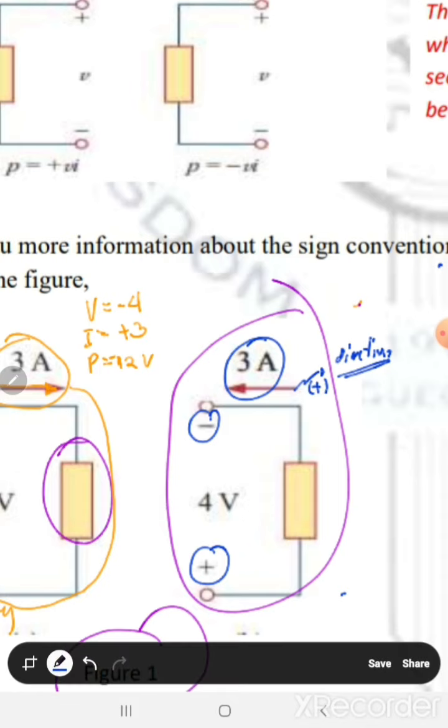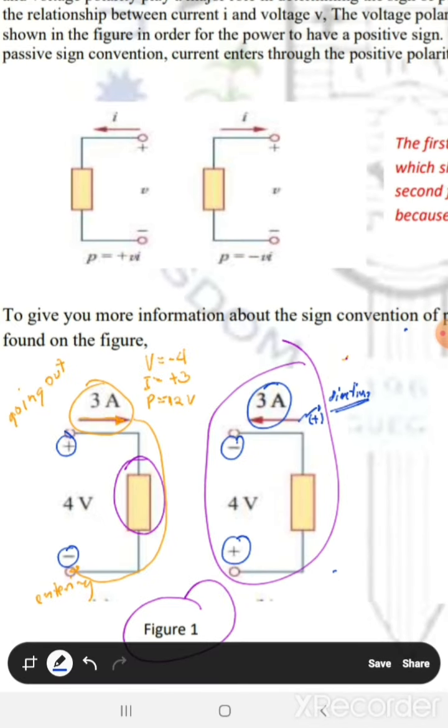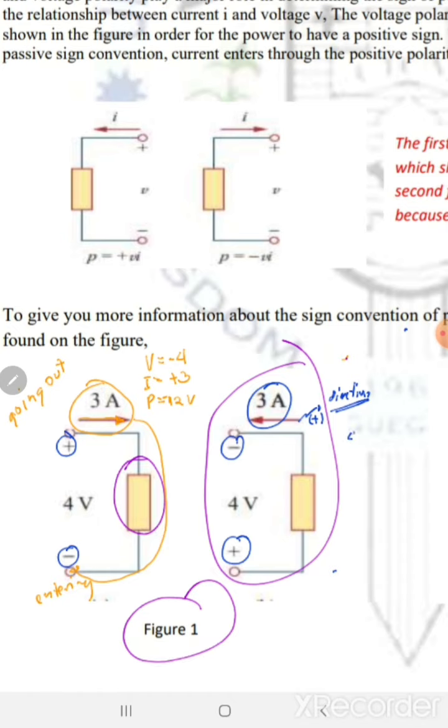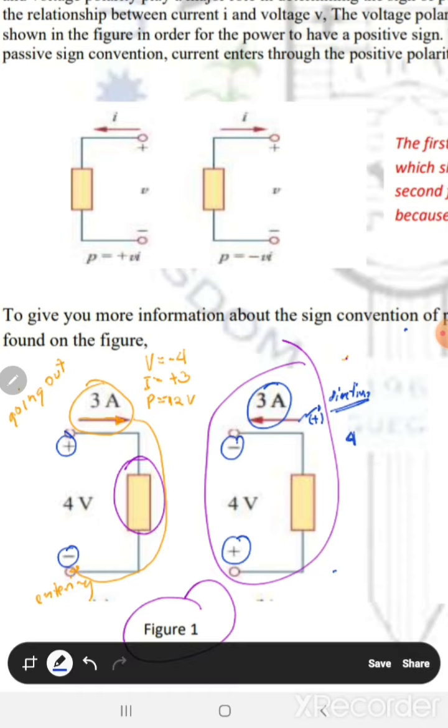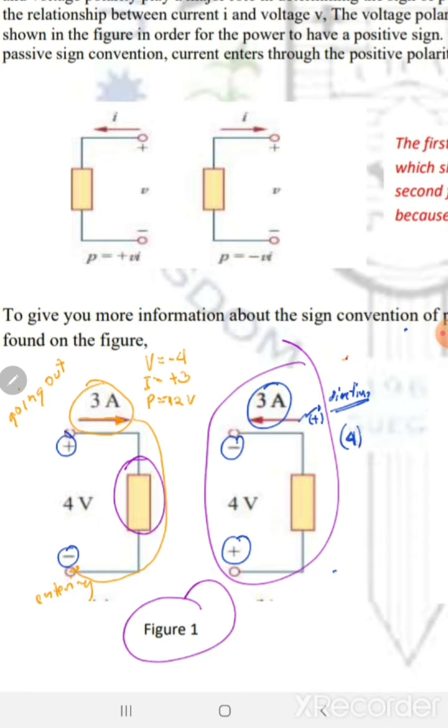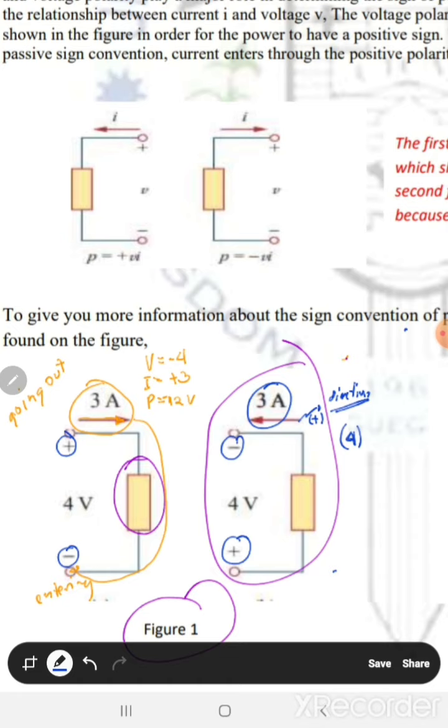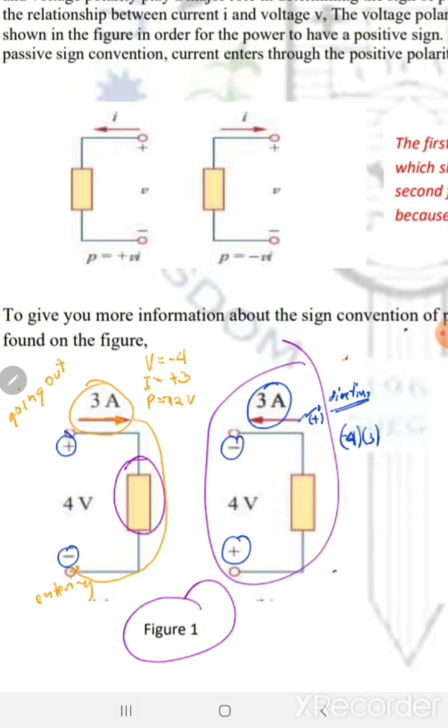And then it is entering the negative of your 4 volts. We have 3 ampere, it is entering. Negative 4 multiplied by our positive 3 is equal to your power. So, power is equal to negative 12 watts.